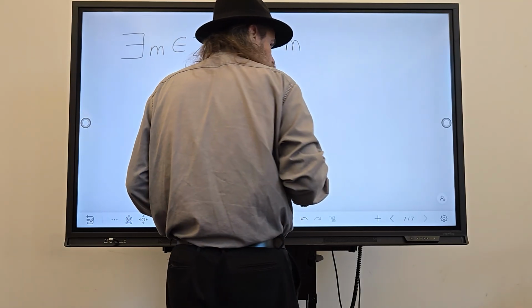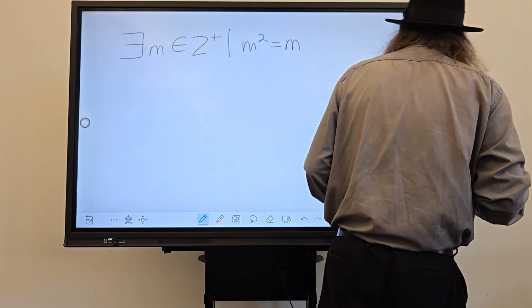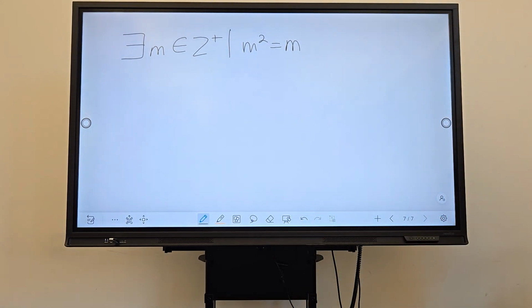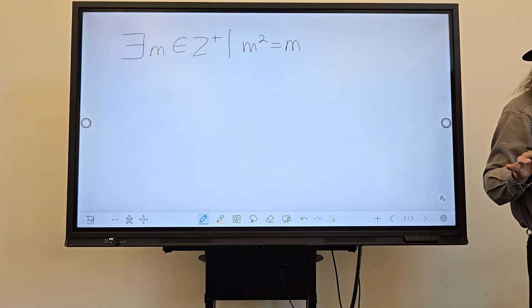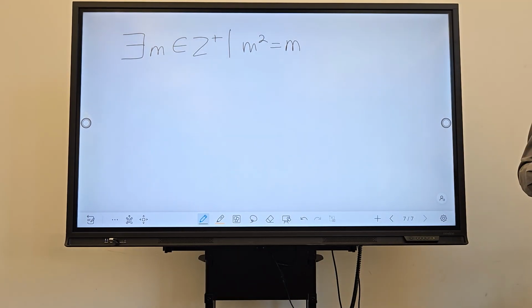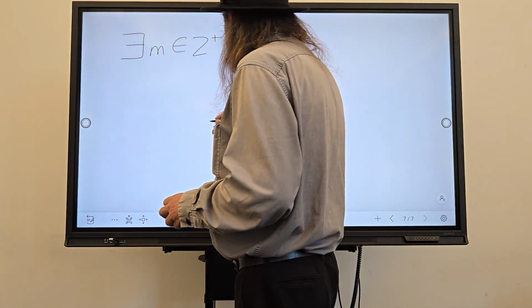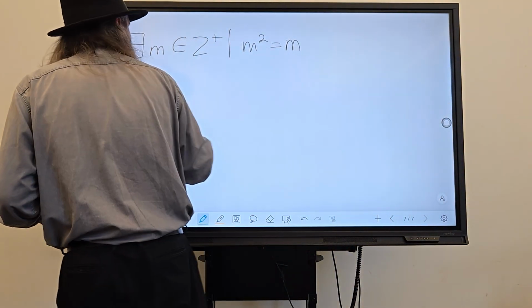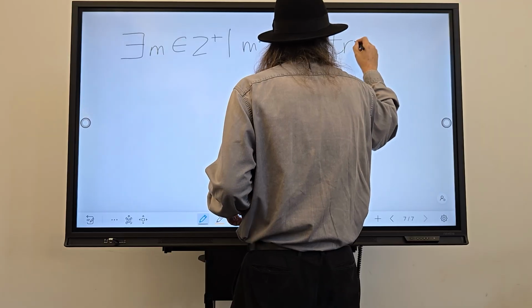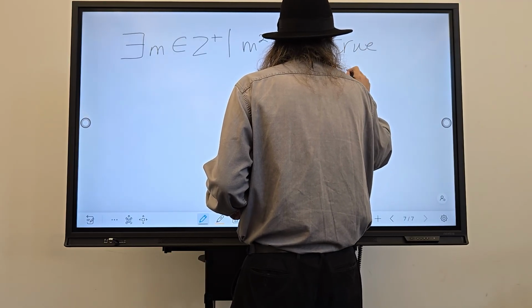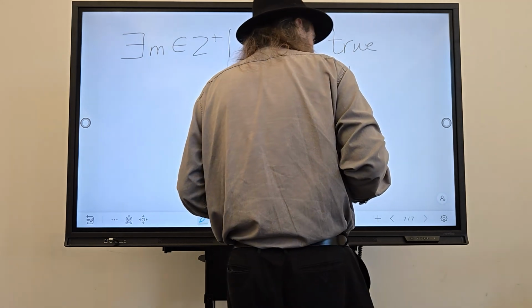Is that what I said? Yeah. This isn't for all, because obviously that's not true. But there exists one example that makes this statement true. It's true, because m equals 1 satisfies the equation.